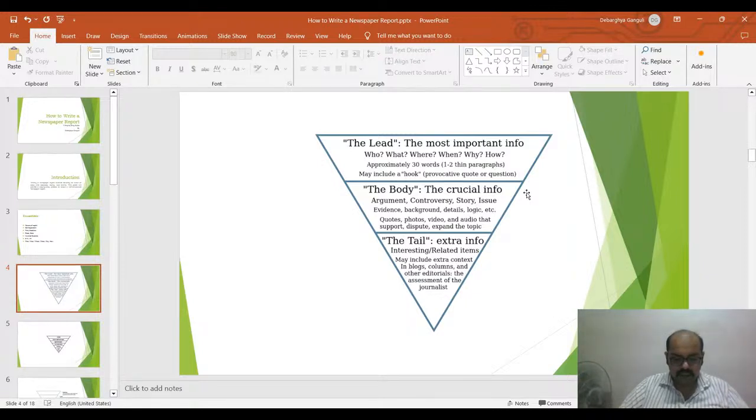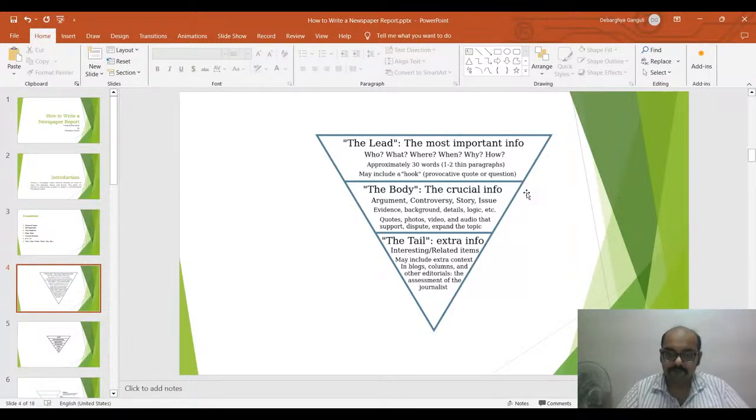You will have to cover every single aspect of the report itself. You must give the proper evidence, the proper background, the proper details, the proper logic. So basically it should be all encompassing.